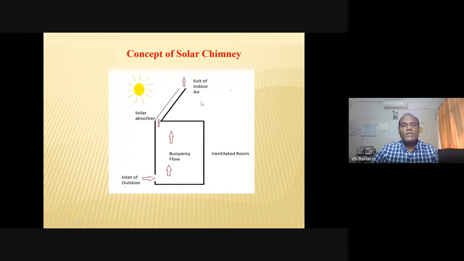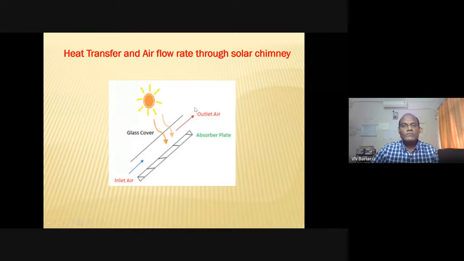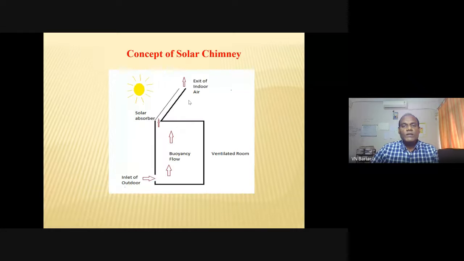So a solar chimney is basically a system which uses solar energy, the heat energy of the sun, and it provides the motion of air because of the change in density, because of the buoyancy effects.